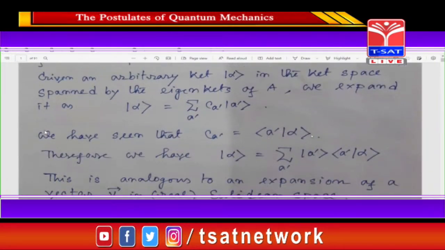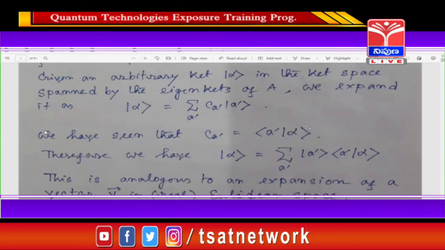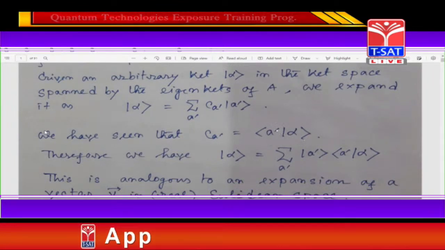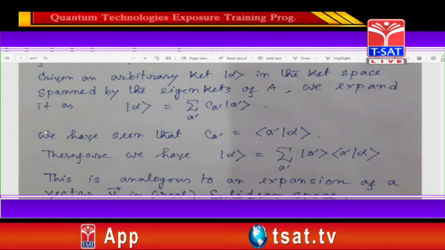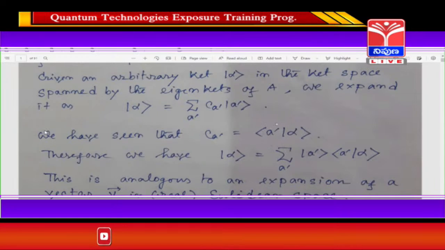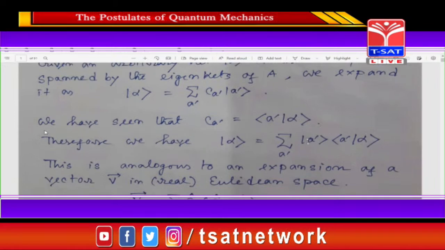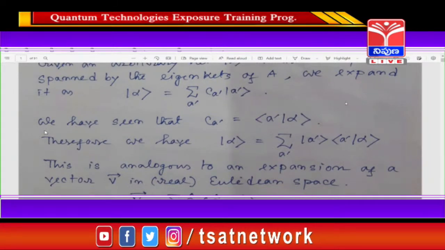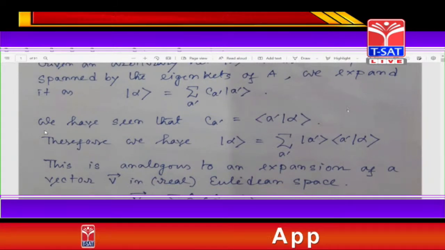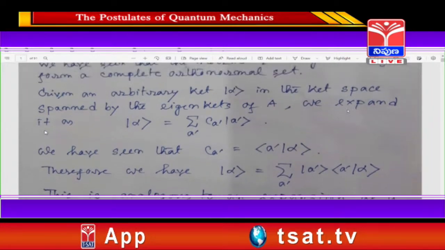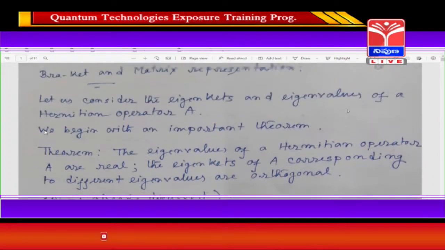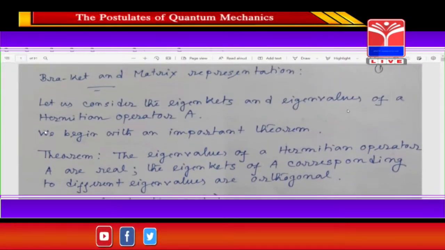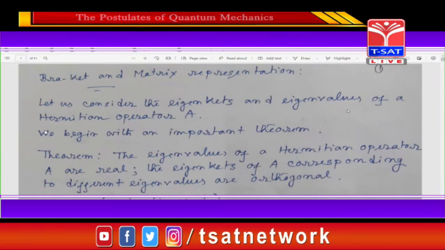The vector alpha on the right hand side is the ket vector, and the vector A prime on the left hand side is the bra vector. This multiplication is called the inner product. There is another product called the outer product, like this one. These things we explained previously, and we will in any case recapitulate some of that.